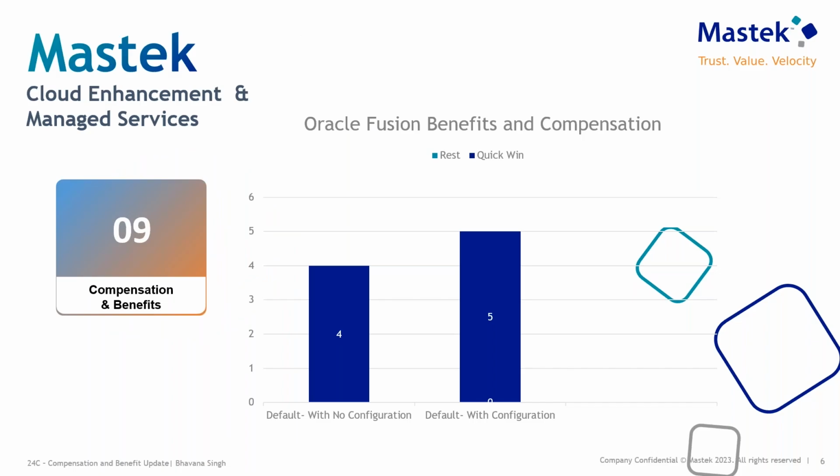We have prepared an analysis of all the enhancements. In this 24C quarter, we have a total of 9 updates in the benefits and compensation module. Primarily, these updates fall into 2 categories, quick wins and opt-in. The quick wins are easily available and opt-in requires to be enabled by Oracle. With the 24C updates, we have 9 quick win features and 0 opt-ins.